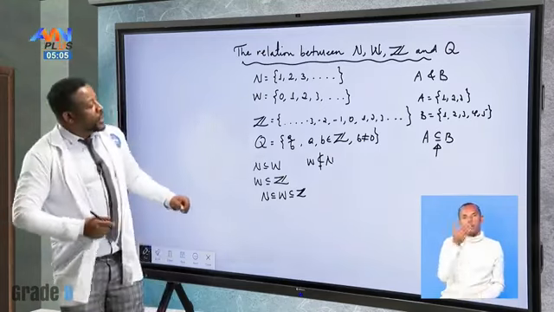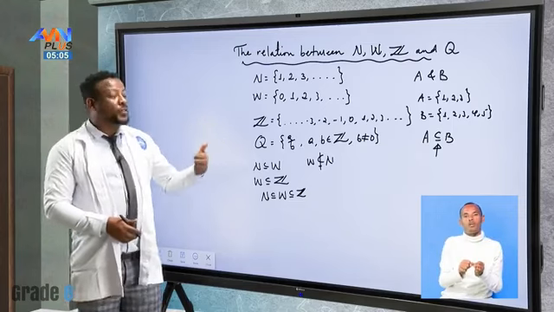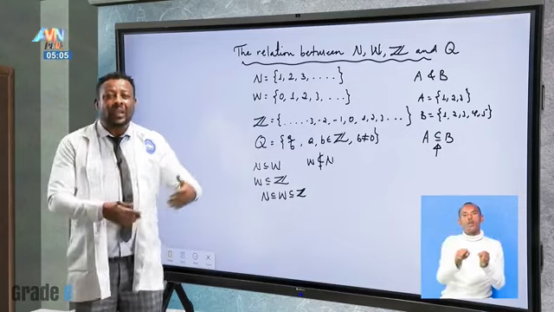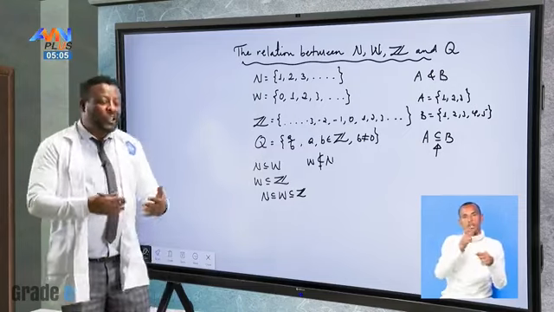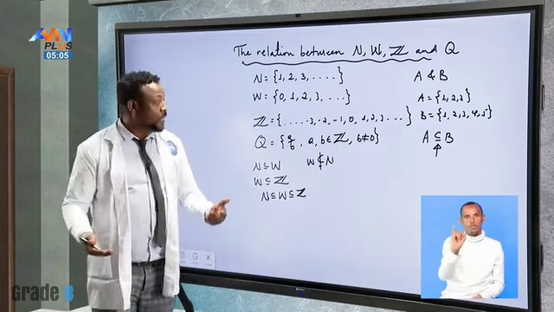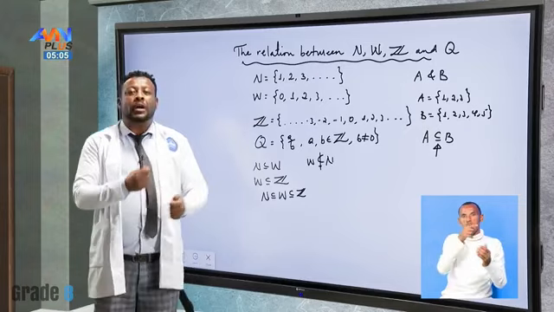Good. Now, when we go to the next set, the set of rational numbers, it cannot be listed in this manner, right? There is no way to list out the first few terms of the set of rational numbers, because there is no clear pattern.